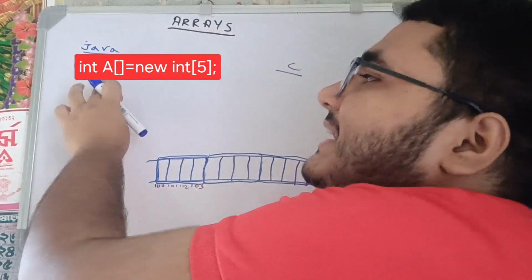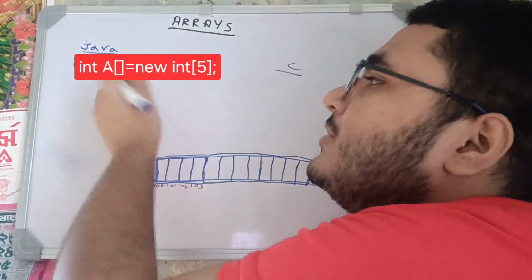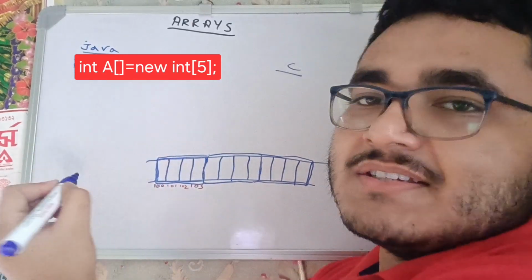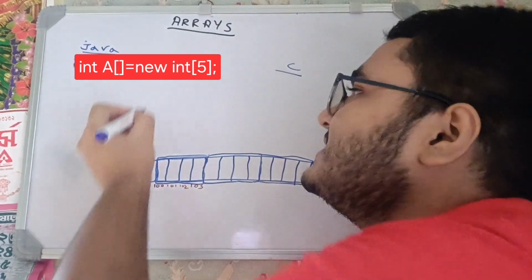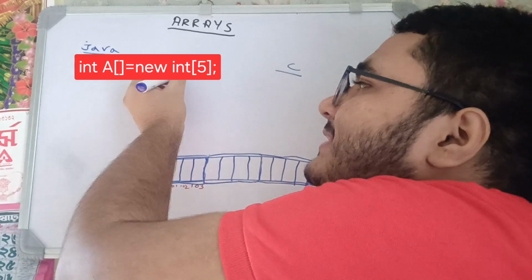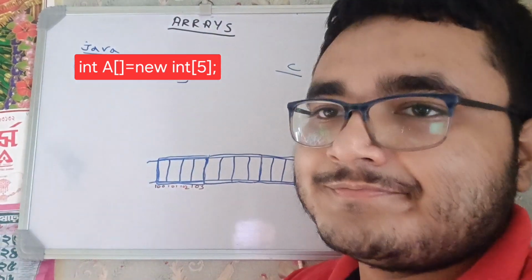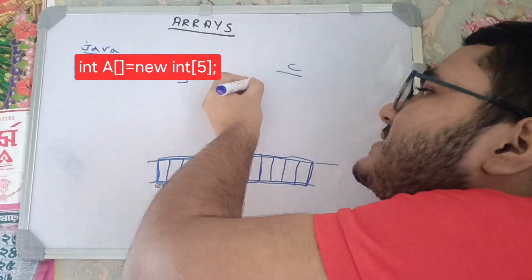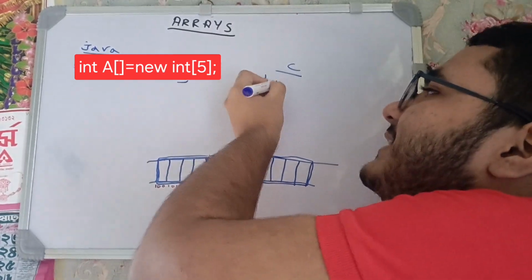So int a array bracket is equal to new int, and inside the square bracket just mention the size. Say I want to store 5 elements, so 5.